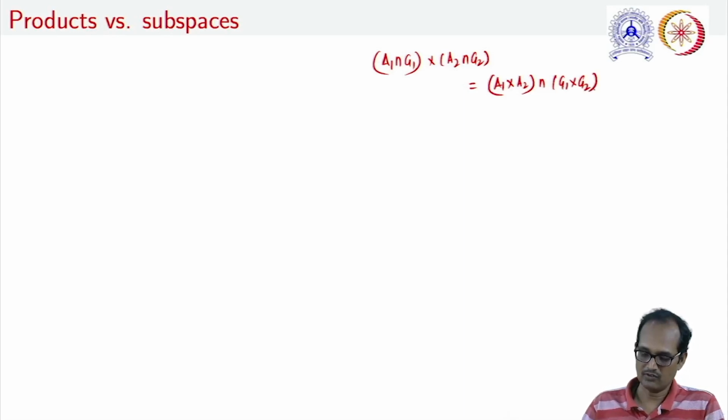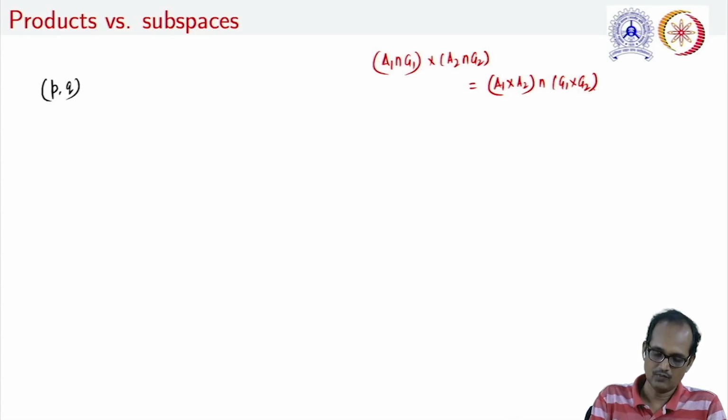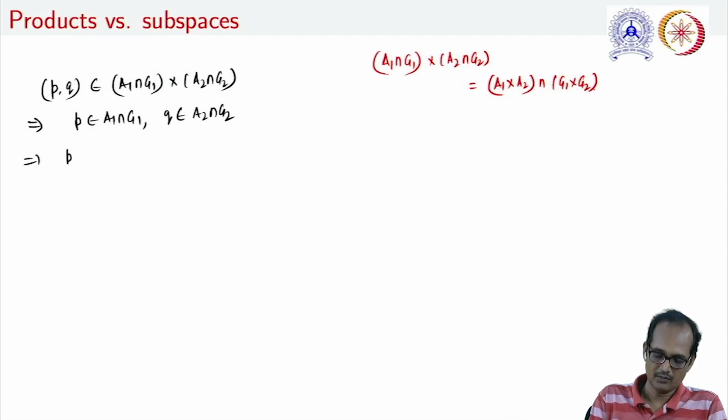If we want to justify it, let us take some element (p, q) in (A1 intersection G1) Cartesian product (A2 intersection G2). So from here, we can conclude that p belongs to A1 intersection G1 and q belongs to A2 intersection G2, or p belongs to A1 and p belongs to G1.